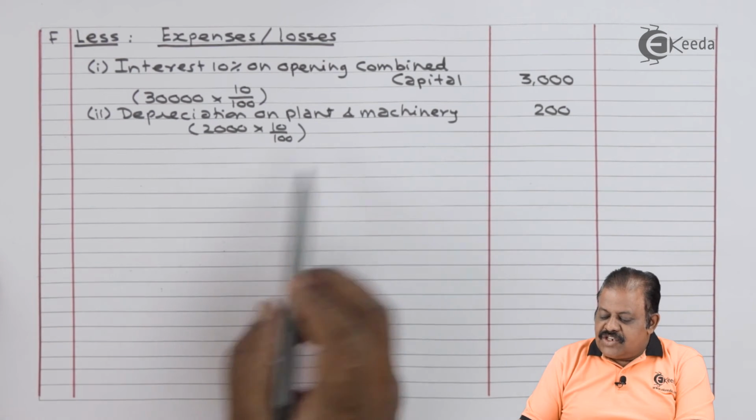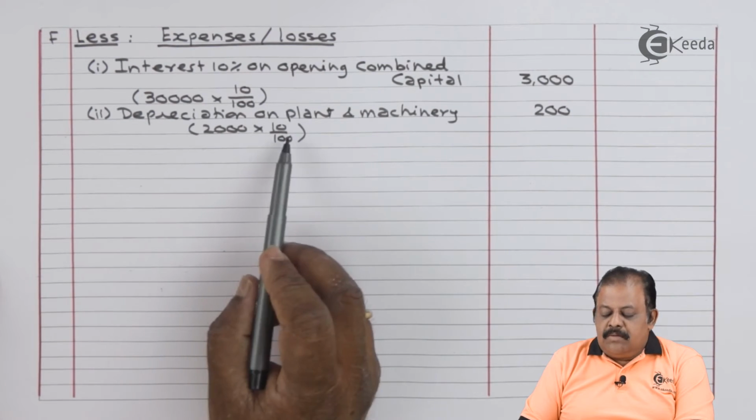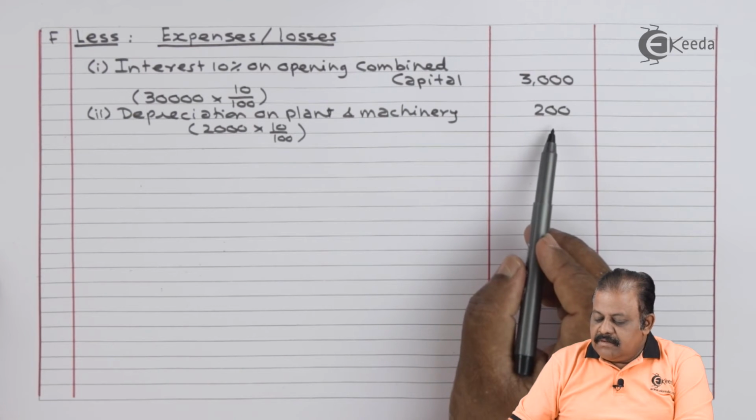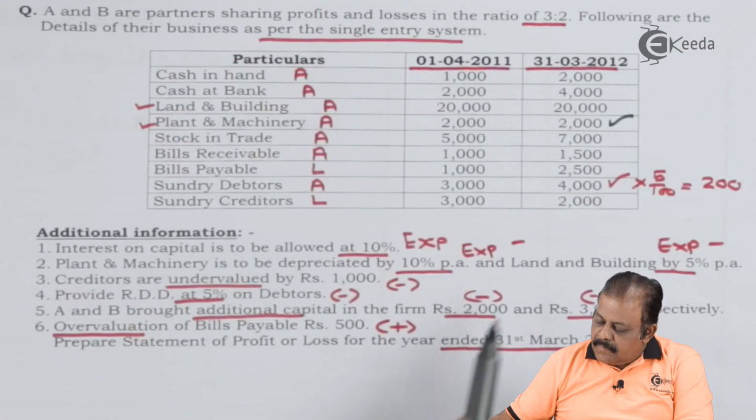Depreciation on plant and machinery 2,000 multiplied by 10%, it is 200.